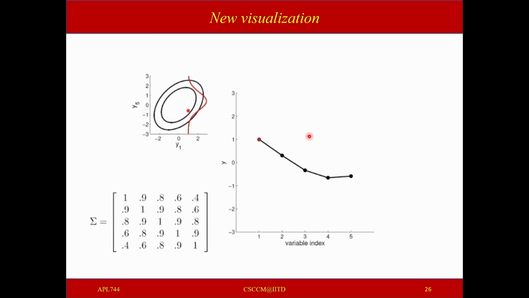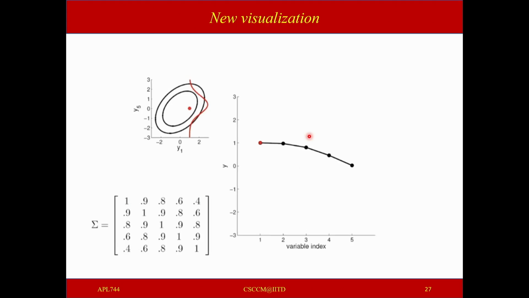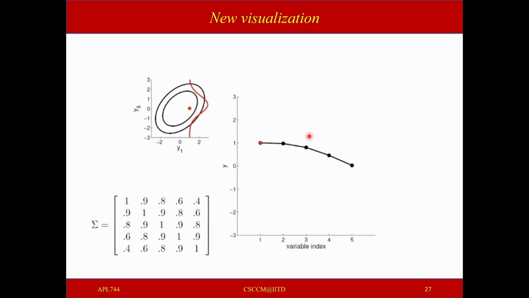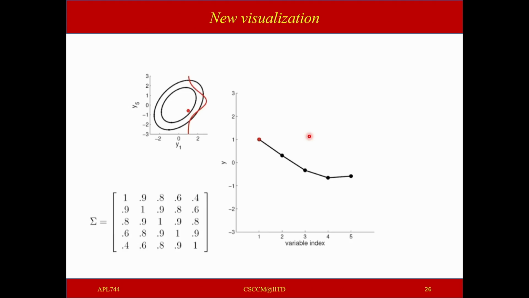What is this? Conditioned on x1, correct? So, I have conditioned on x1 equal to 1, or y1 equal to 1, whatever. And now, if I draw samples, what is happening? See? You will see different types of variation, but that point is fixed.